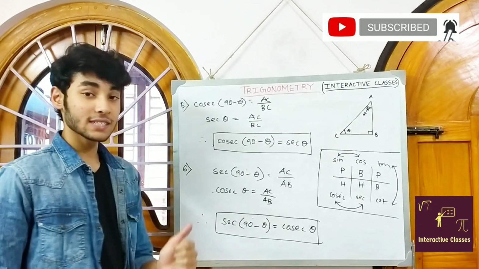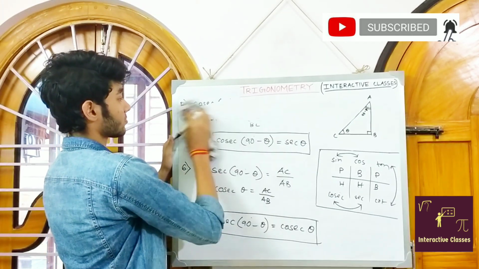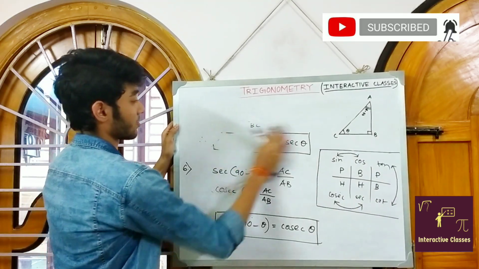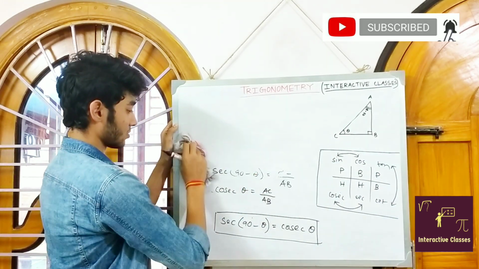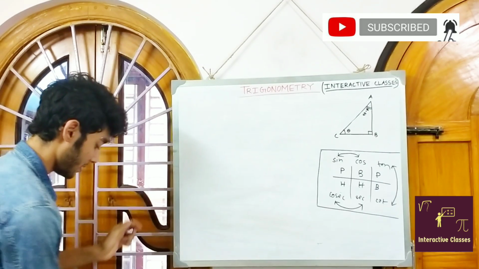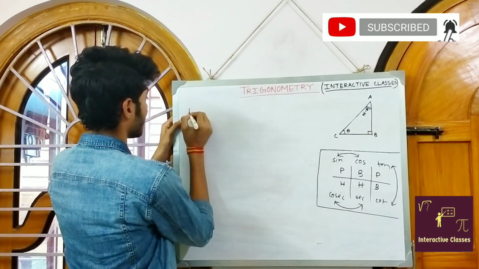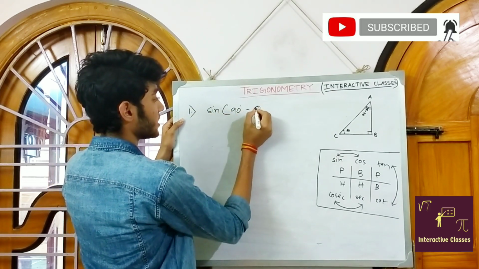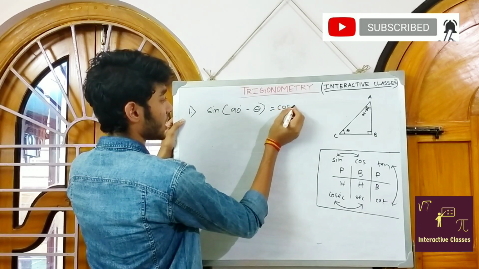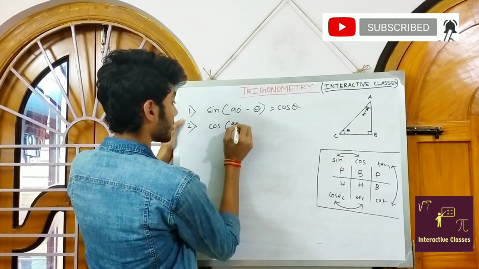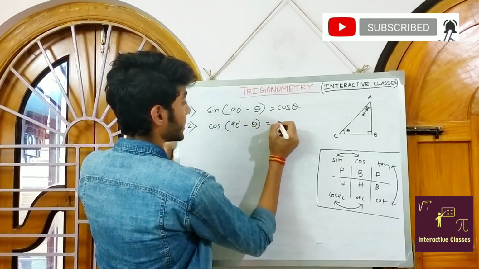We have learned 6 formulas. First, sine 90 minus theta is cos theta, cos 90 minus theta is sin theta.